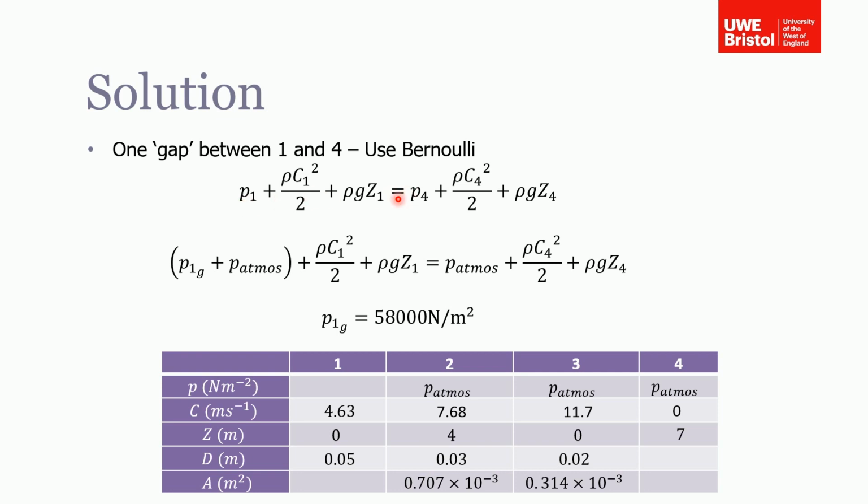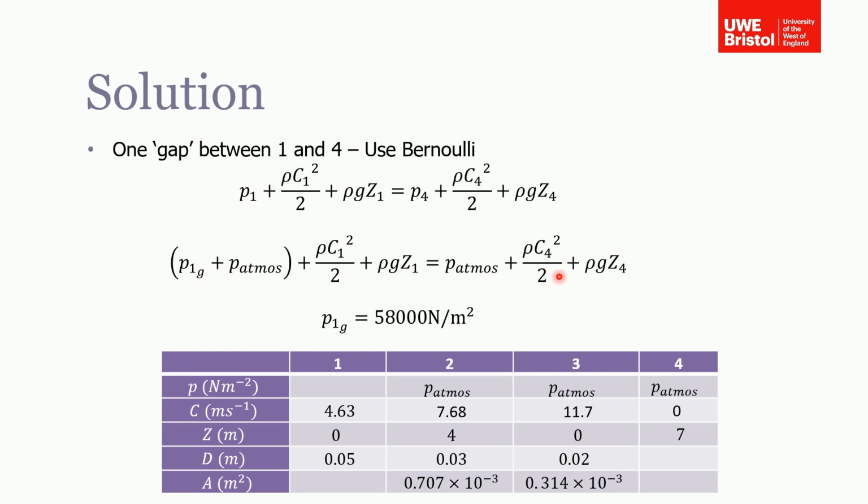And if you remember, the absolute pressure is equal to the gauge pressure plus atmospheric pressure. So we can make that substitution in here. This is the gauge pressure at 1 plus the atmospheric pressure, which gives us the absolute static pressure. We're just going to make that first substitution before we do anything.